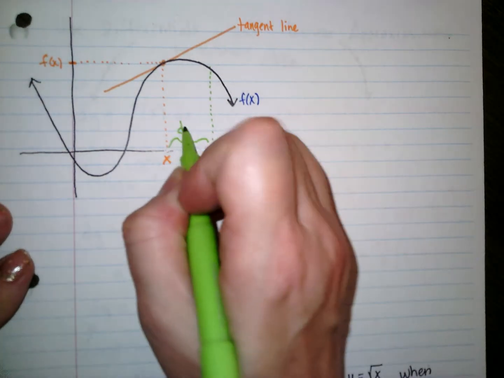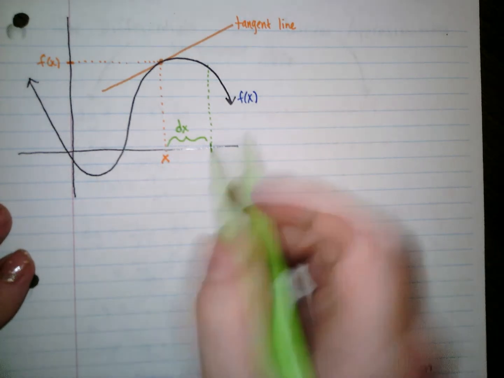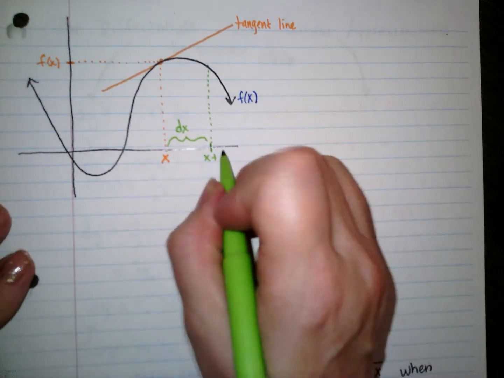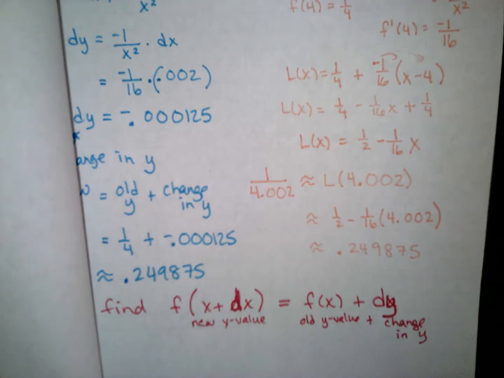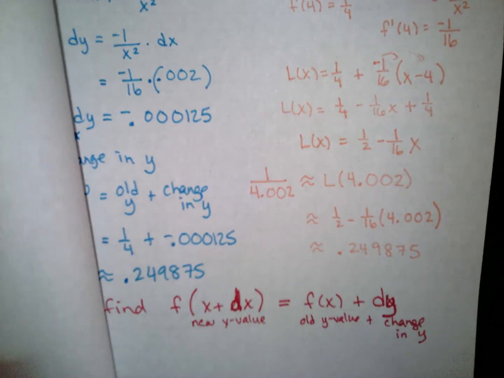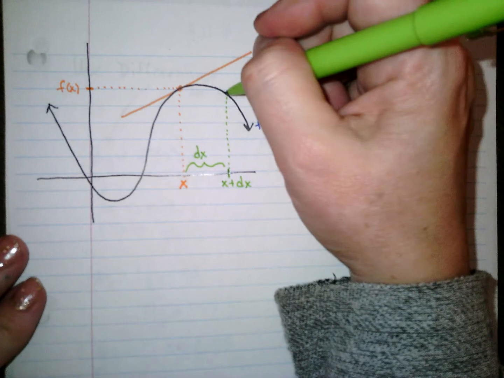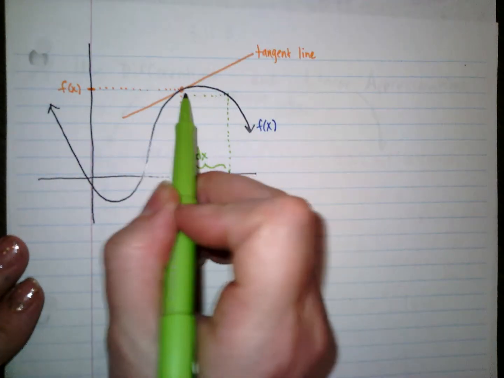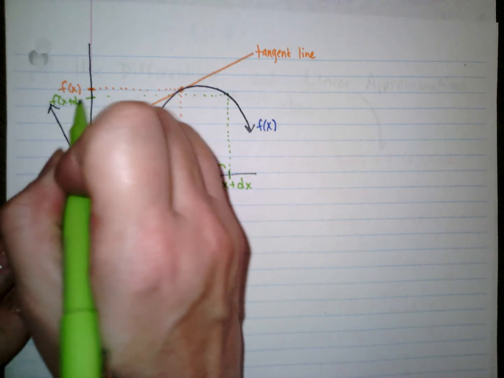So when I scooch over by dx, my new x value is x plus dx. Does that sound familiar? Because we were just talking about that over here. F of x plus dx is the new y value. X plus dx is the new x value. What's my new y value? We just talked about it. It is f of x plus dx.